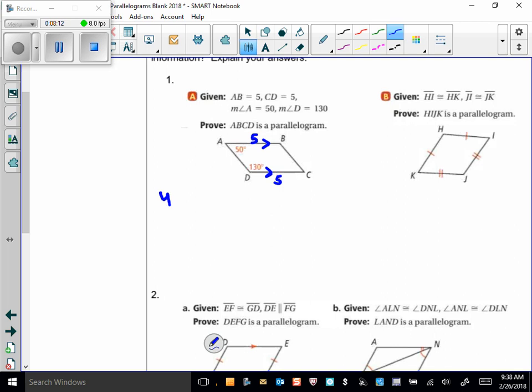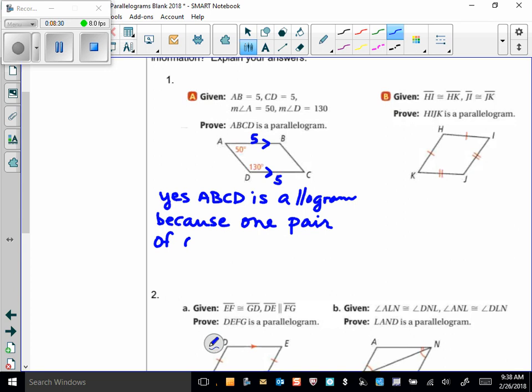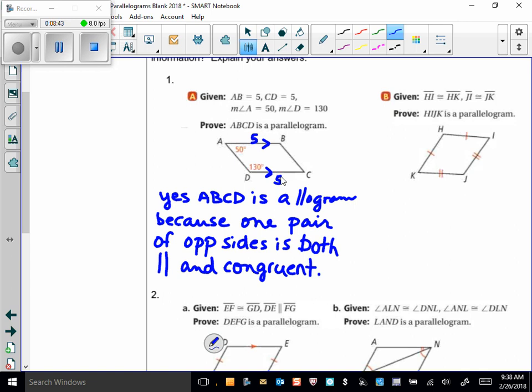So yes, indeed, ABCD is a parallelogram by the theorem because one pair of opposite sides is both parallel and congruent. Remember, that's one of our theorems we learned today.